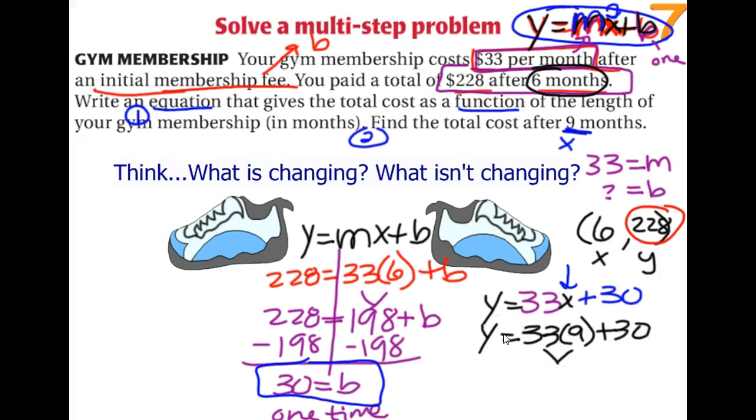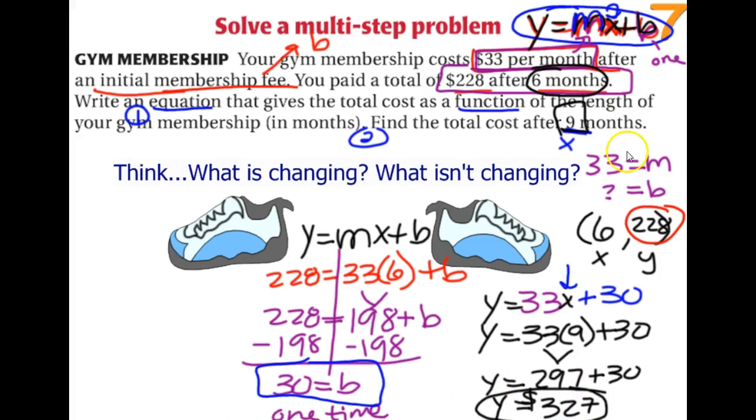Well, 33 times 9 is going to give me 297, but then plus 30 gives me 327. For 9 months of going to this gym, it would cost you $327.